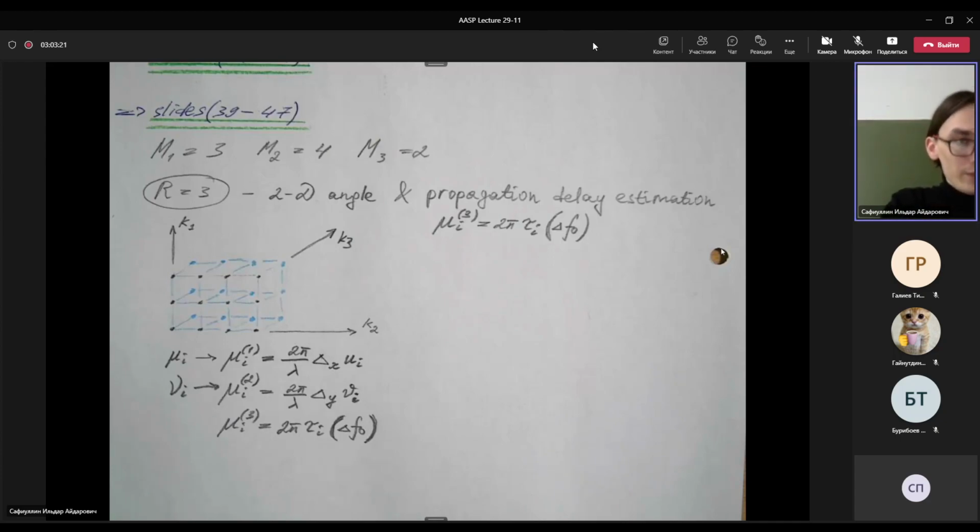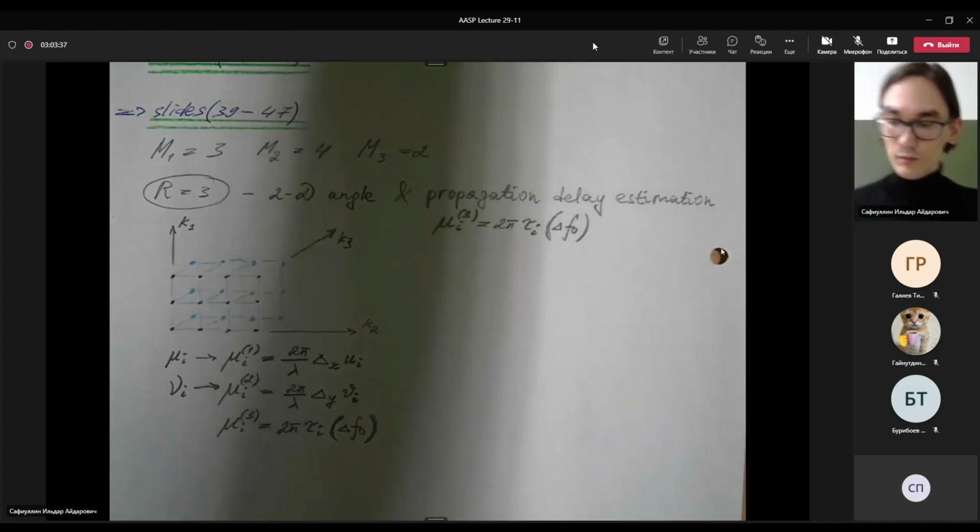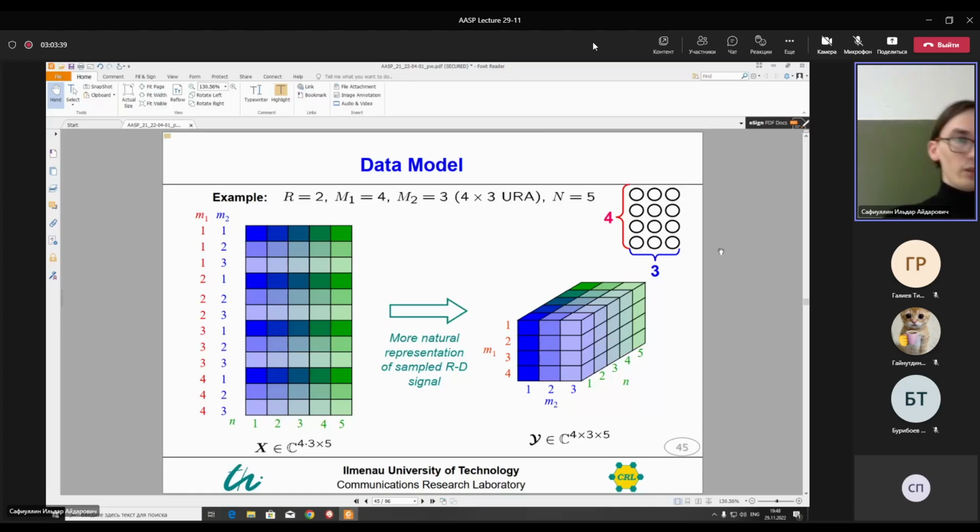So this one is for the 3D case, and let's see what we have for the 2D case. So an easier one. Here we say that it is the 2D case. In this case, R is equal to 2, the number of dimensions. M1 is equal to 4 and M2 equal to 3.